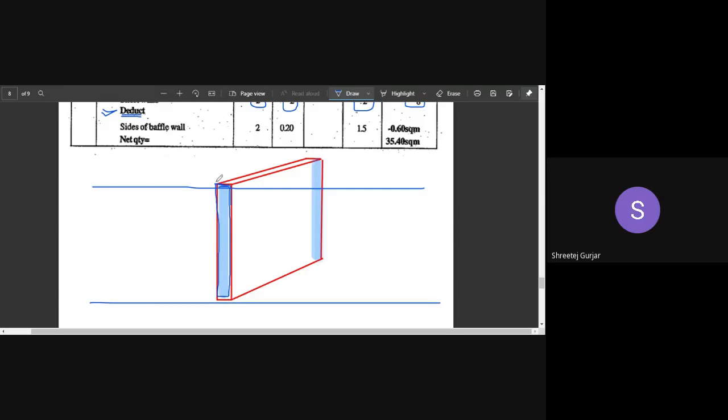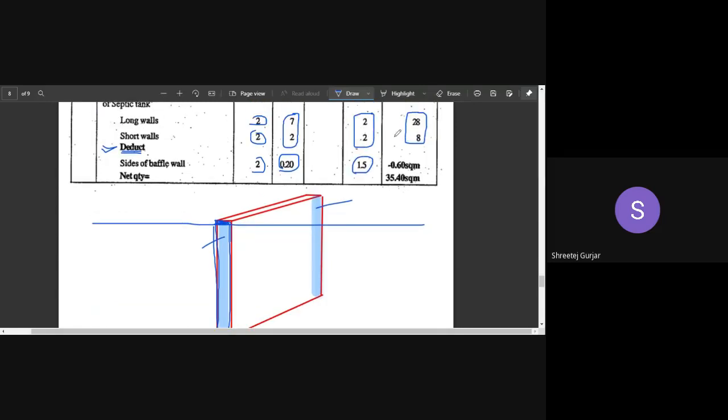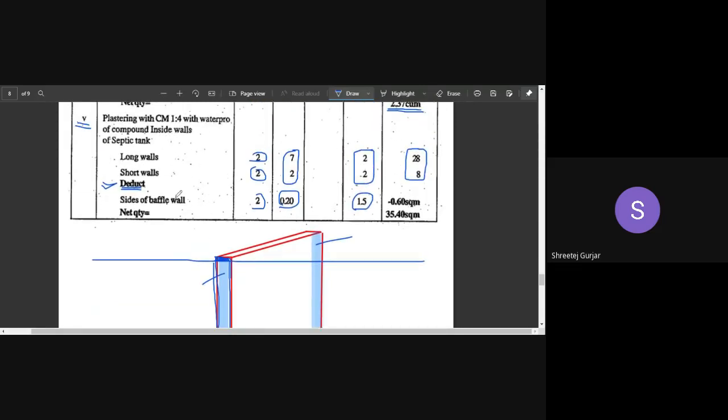So the thickness is 0.2 and the height is 1.5 meters, and 2 in number because one surface is here, one surface is here. So they deducted 2 into 0.2 thickness and the height 1.5. If you remember in exam, you can do it. Even if you skip, it is not a big issue.